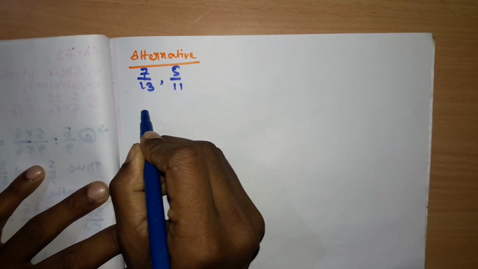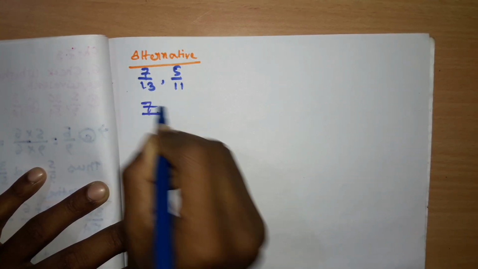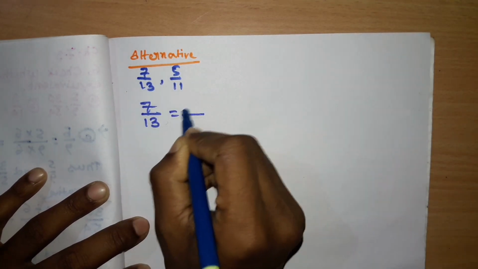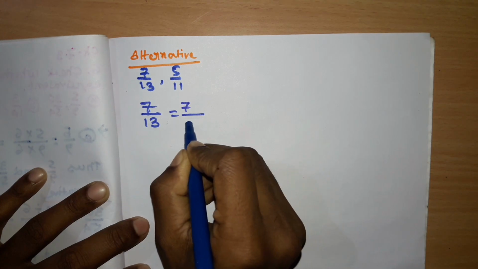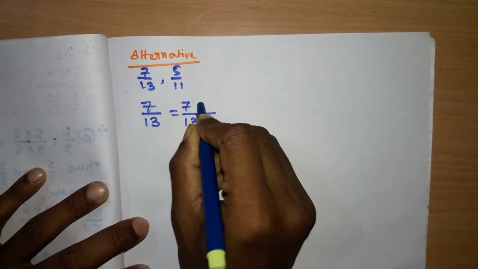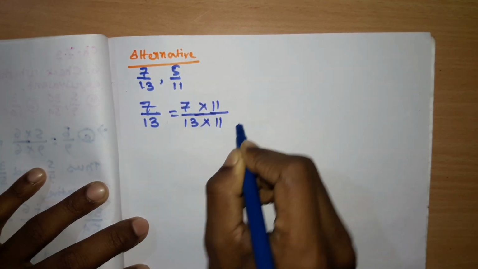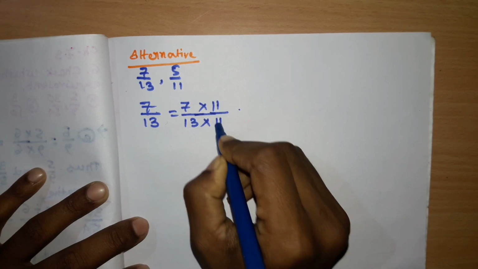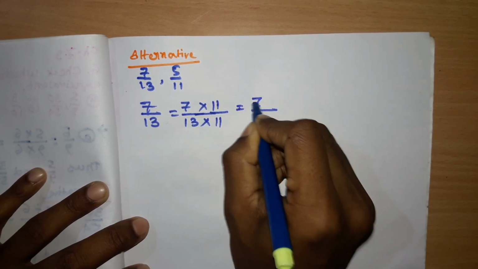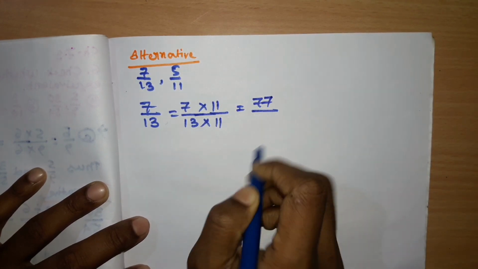Earlier what we did, earlier I multiplied with 5, because multiplication with 5 is comparatively easier than multiplication with 11. Okay, let's multiply it. So we are multiplying both numerator and denominator with 11. So we are getting 7 11s, that is 77.